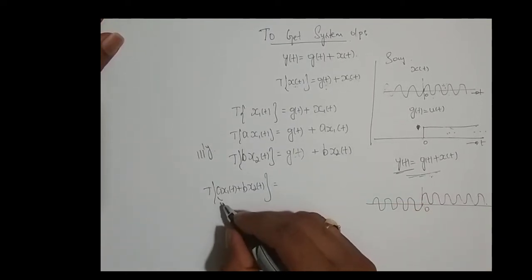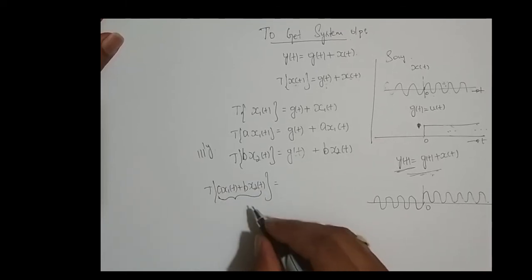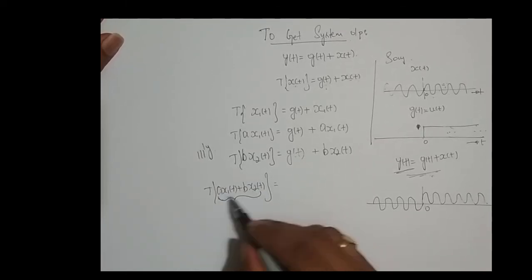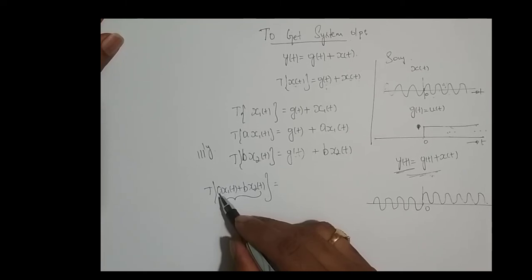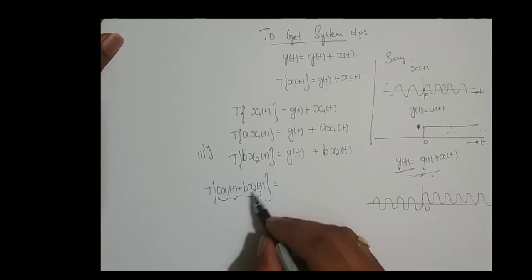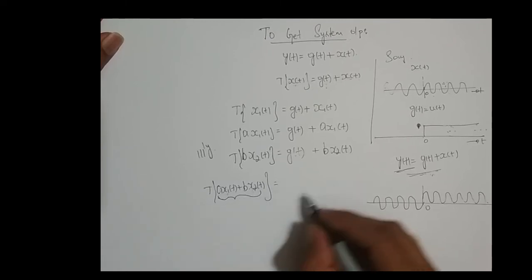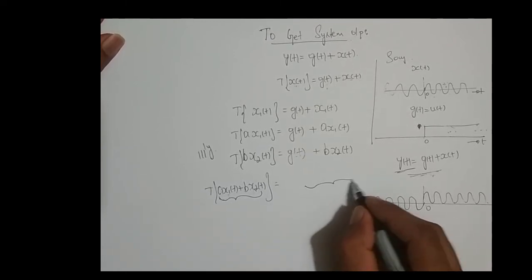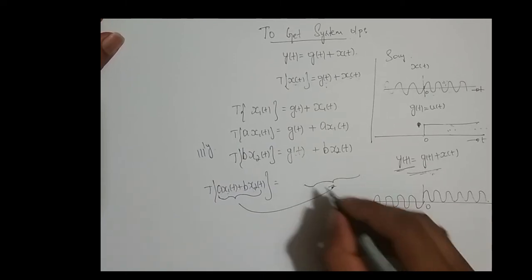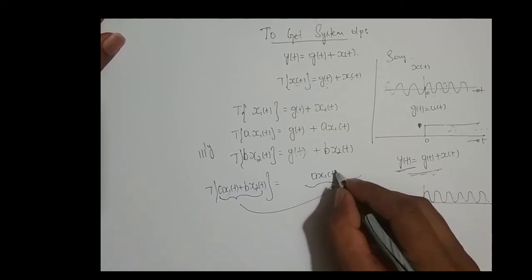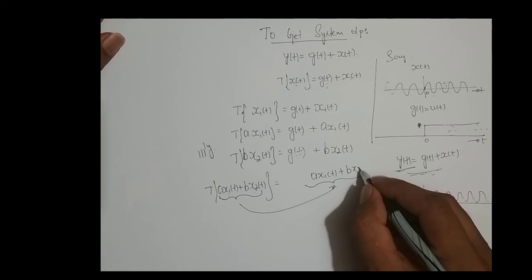As a whole, this is one signal, right? A scaled version of one signal is getting added with a scaled version of the other signal. When I add these two, as a whole this is one signal which I fed to the system, that is a times x1 of t plus b times x2 of t.